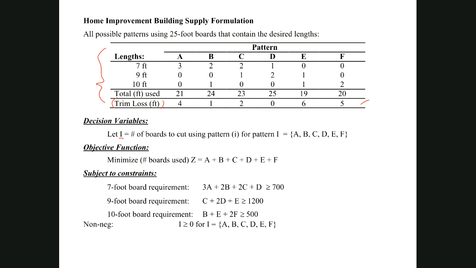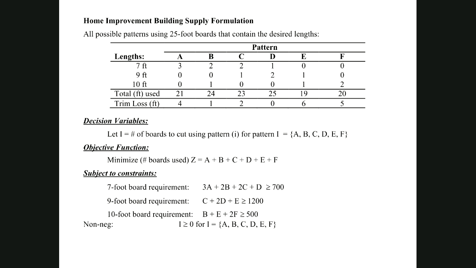And then we have our 3 constraints where we have to meet each one of these. And again, it's interesting, you'll notice that the left-hand side of this constraint matches exactly the coefficients for these respective patterns. The coefficients are 3, 2, 2, 1, 0, 0. And that's exactly what we have here. So that's the complete formulation.